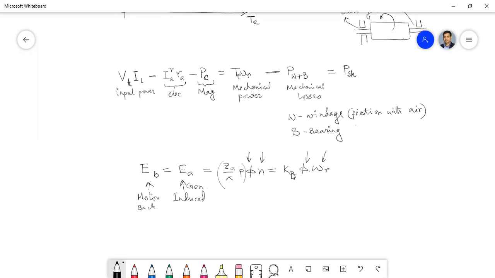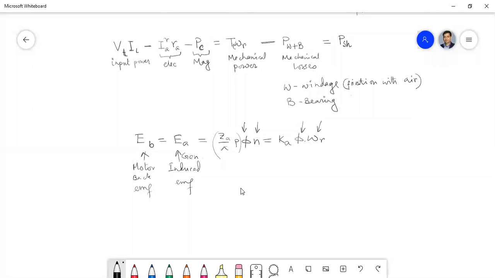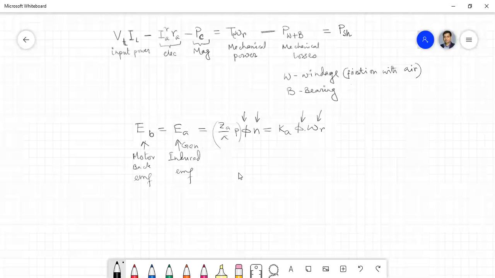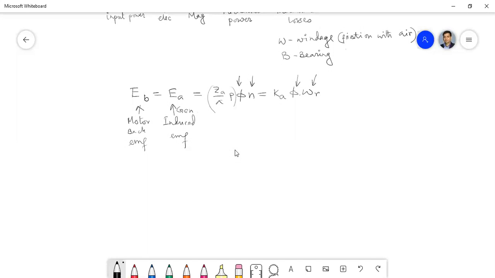Is that clear? You should have a clear idea about this, because these are very basic concepts of electrical machines, and a similar expression you will get for all rotating machines, not only DC machines. Do you have anything in your mind regarding this?